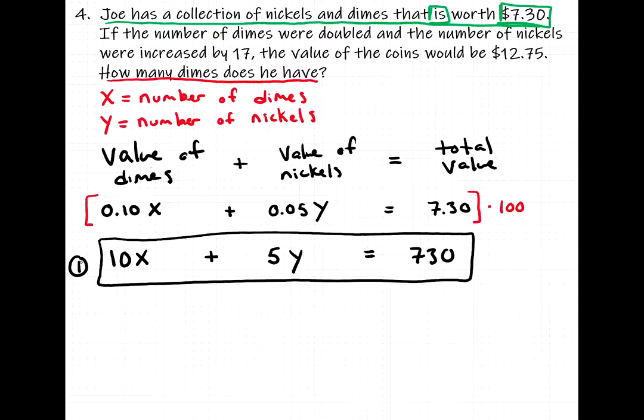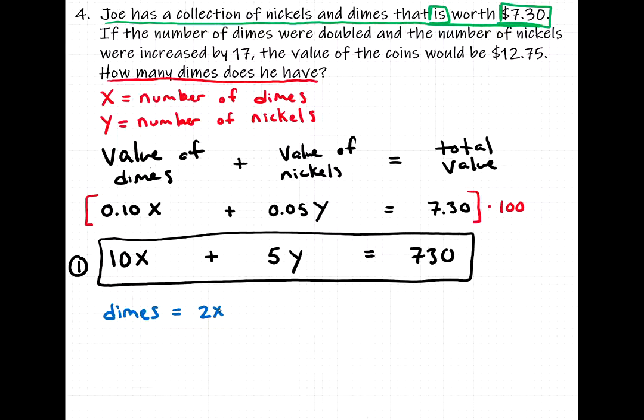And then that second sentence, if the number of dimes were doubled. So now the number of dimes is doubled. So there were x dimes, now there are 2x dimes, 2 times x.